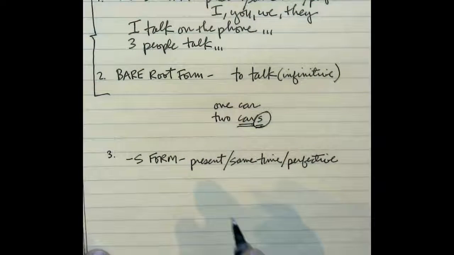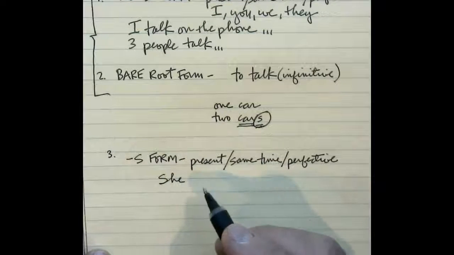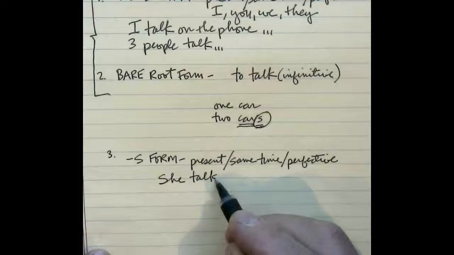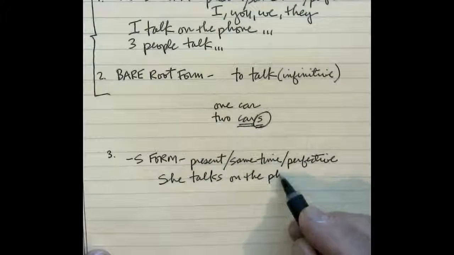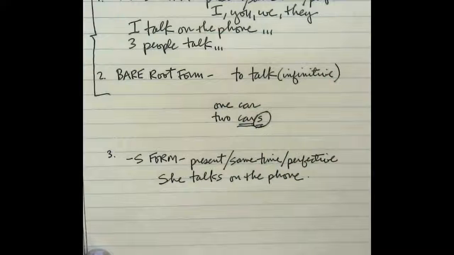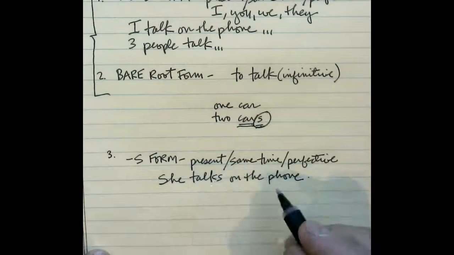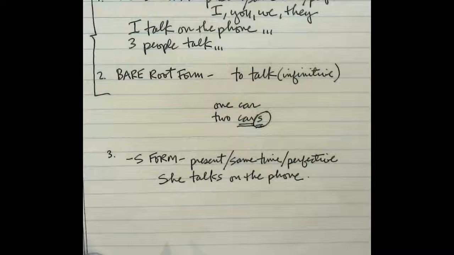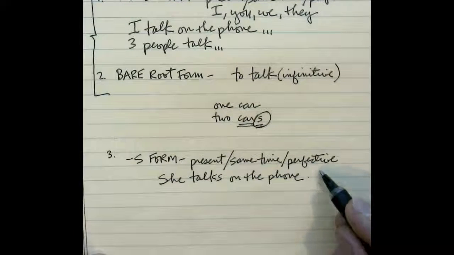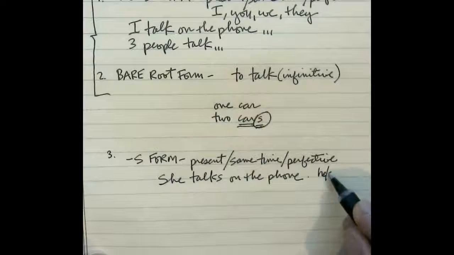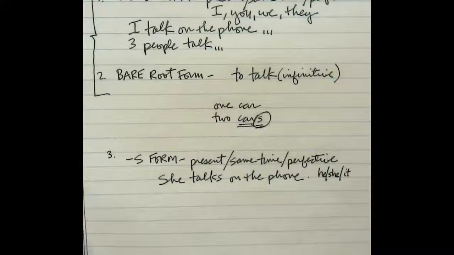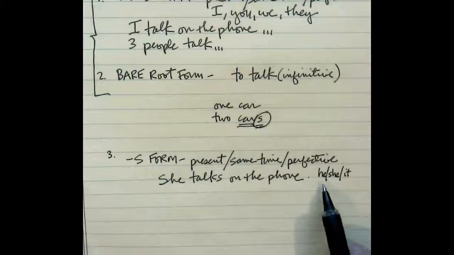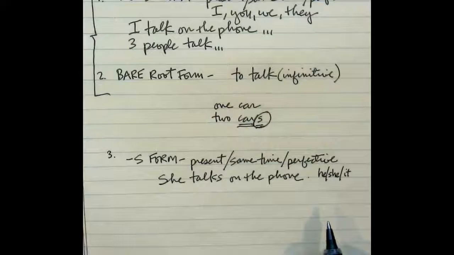For example, she talks on the phone. He talks on the phone. It talks on the phone. This S form really goes together with subjects like he, she, it, or any other subject that can be replaced with these pronouns.